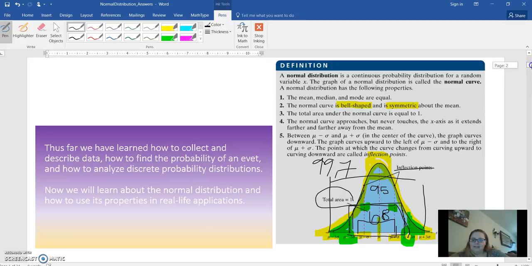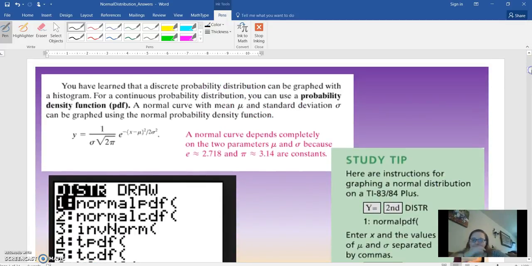All right. So we did discrete probability distributions, with the two faces on top of each other. Discrete probability distributions was like, how many children do you have?